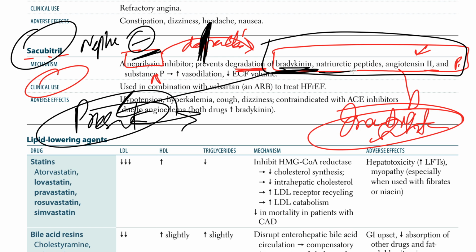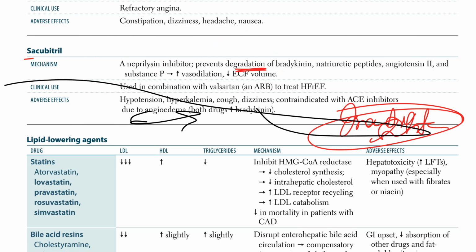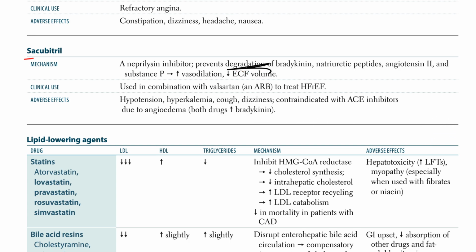So bradykinin will be there, natriuretic peptides, ANP, BNP, angiotensin 2, and substance P will be there. So now let's look at what they are going to cause. All of these would cause vasodilation and a decrease in extracellular fluid, ECF, extracellular volume.